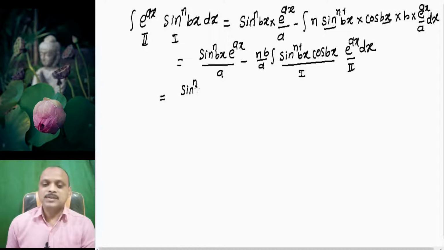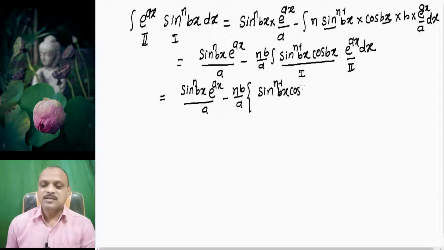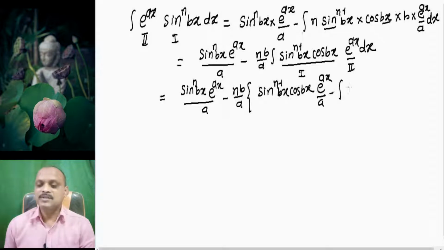Sin raised to n bx e raised to ax divided by a minus nb divided by a into first function as it is, sin raised to n minus 1 bx cos bx, into integration of second e raised to ax divided by a, minus integration of derivative of the first.